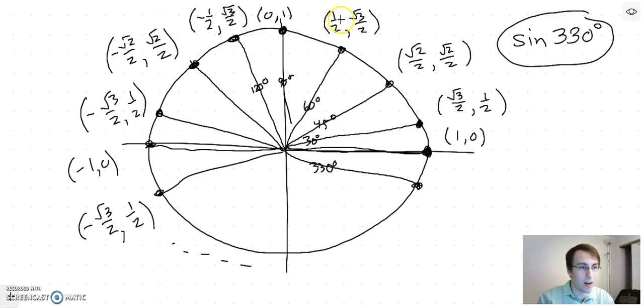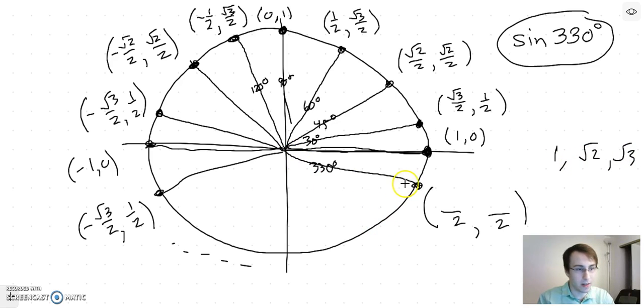And remember our options, it's always over 2, so it's something over 2, something over 2. And on the top, it's either 1, root 2 or root 3. Root 2 is when they're equal to each other, but at 30 degrees, the x part is going to be bigger.